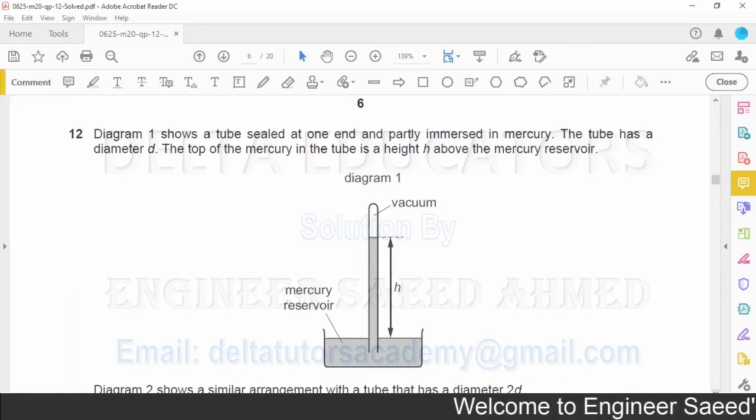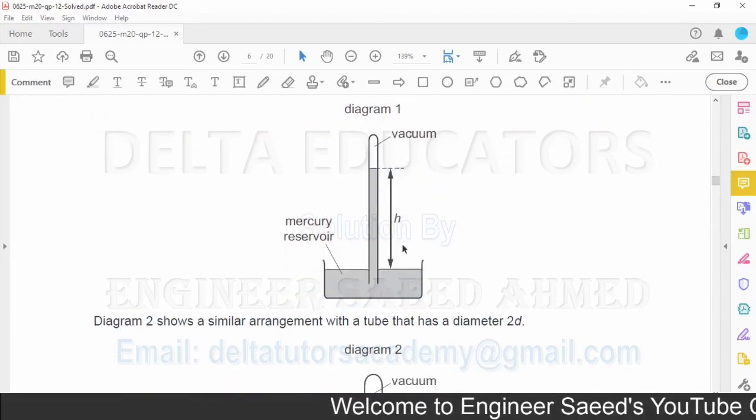Question number 12. Diagram 1 shows a tube sealed at one end and partly immersed in mercury. The tube has a diameter d. The top of the mercury in the tube is a height h above the mercury reservoir. Here in this tube we have mercury. It is diagram 1.